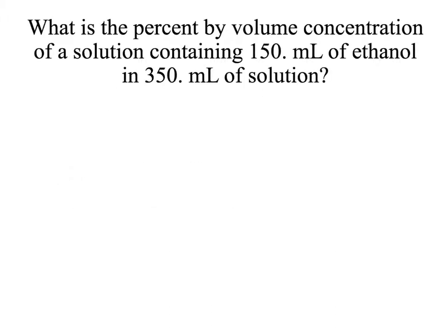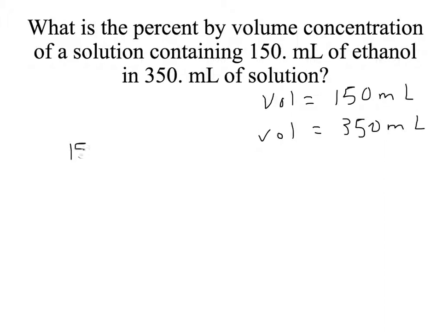Alright, so here's our next problem. What is the percent by volume concentration of a solution containing 150 milliliters of ethanol in 350 milliliters of solution? So the volume of our part is 150, and the volume of the entire solution is 350. So we do 150 divided by 350 milliliters times 100 equals.